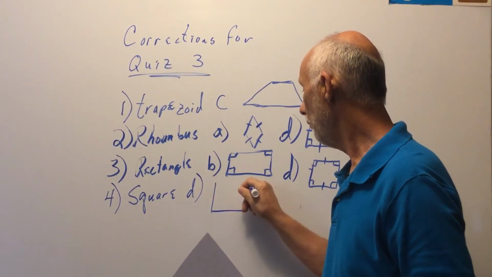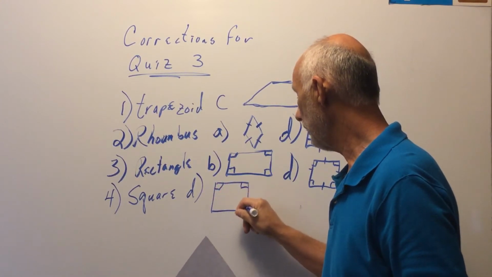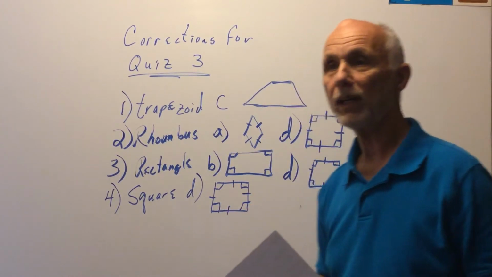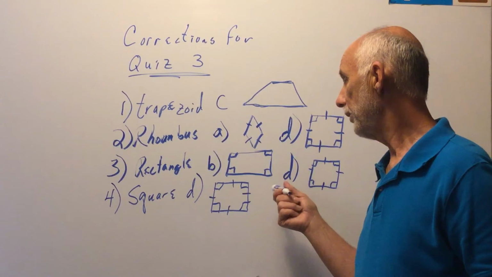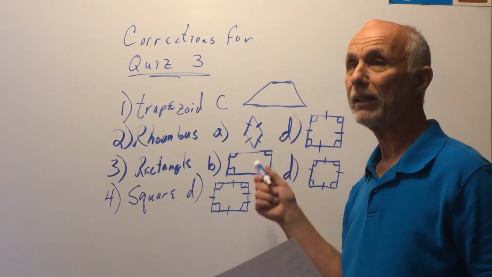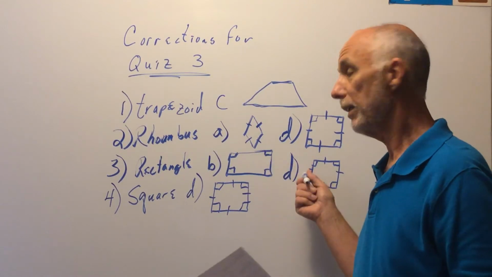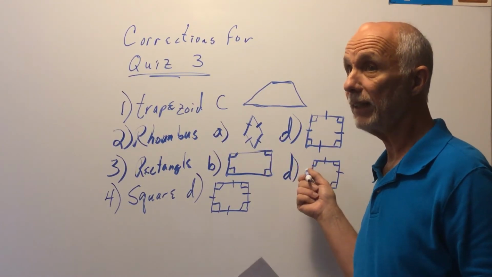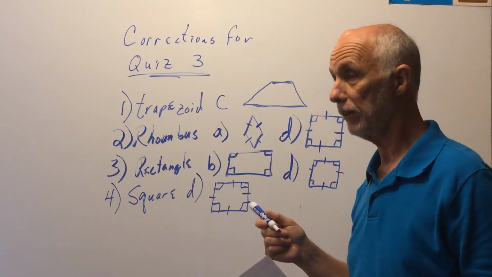And again, you go, but wouldn't D be a square? Aren't rectangles squares? No, rectangles don't have to be squares, but squares have to be rectangles. And you go, I don't get that. Why is that? The reason why is because a rectangle doesn't need to have all sides congruent, but a square does. A square does need to have all angles congruent, and that's what a rectangle is.